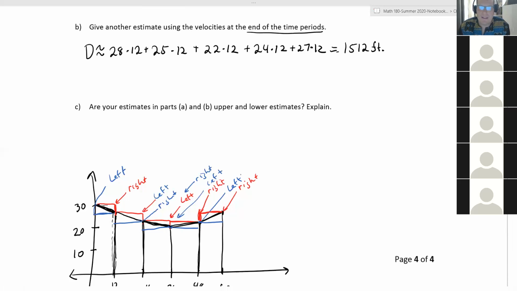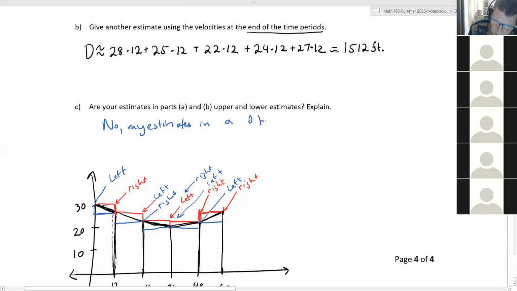So the answer is no. My estimates in A and B are neither the upper nor the lower estimates.